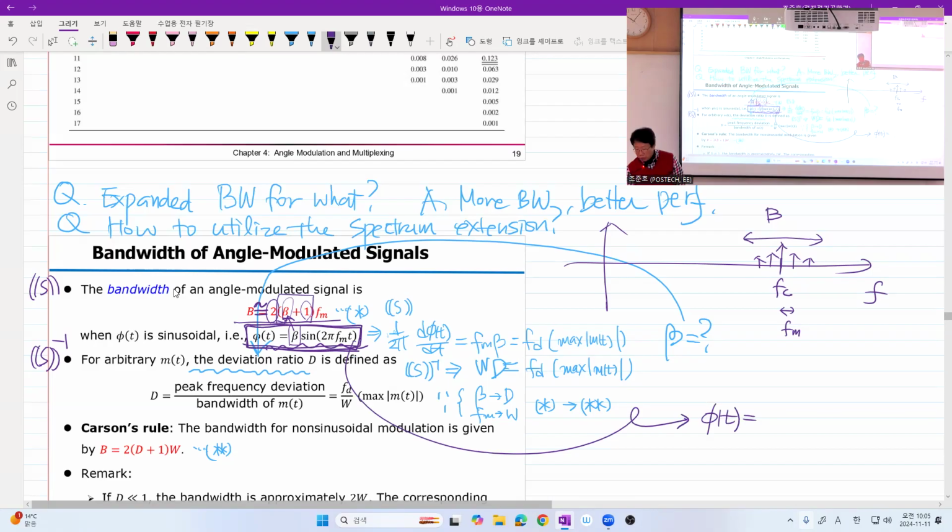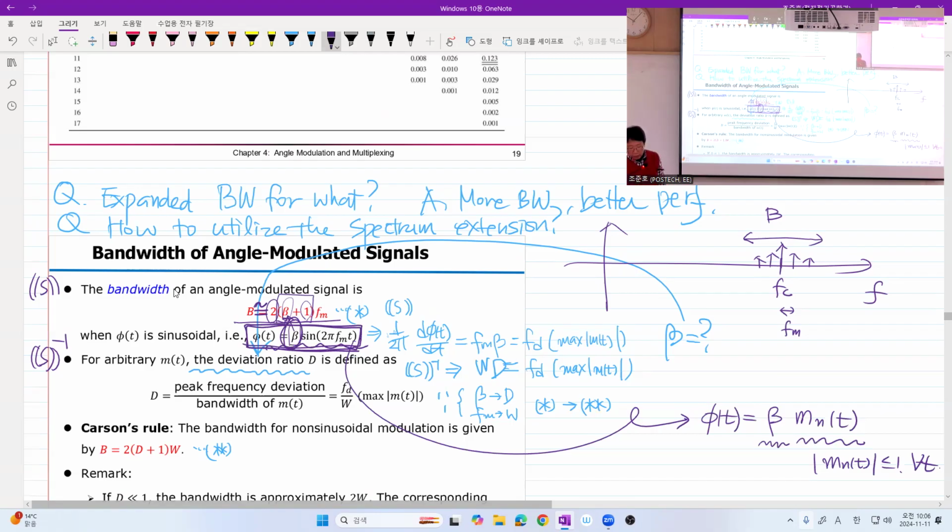Probably you have to rely on this one again, which you used in the definition of the modulation index of AM, right? Here, if this beta is this beta, then here goes your normalized message signal, where you have some constraint like this. So you divide your message signal by the largest deviation. So this normalized m sub n of t has peak value 1, right?